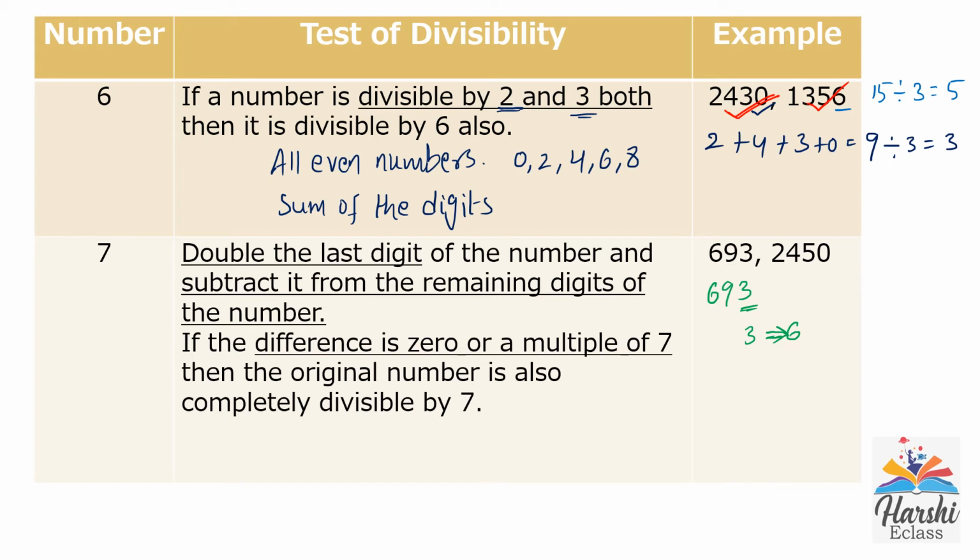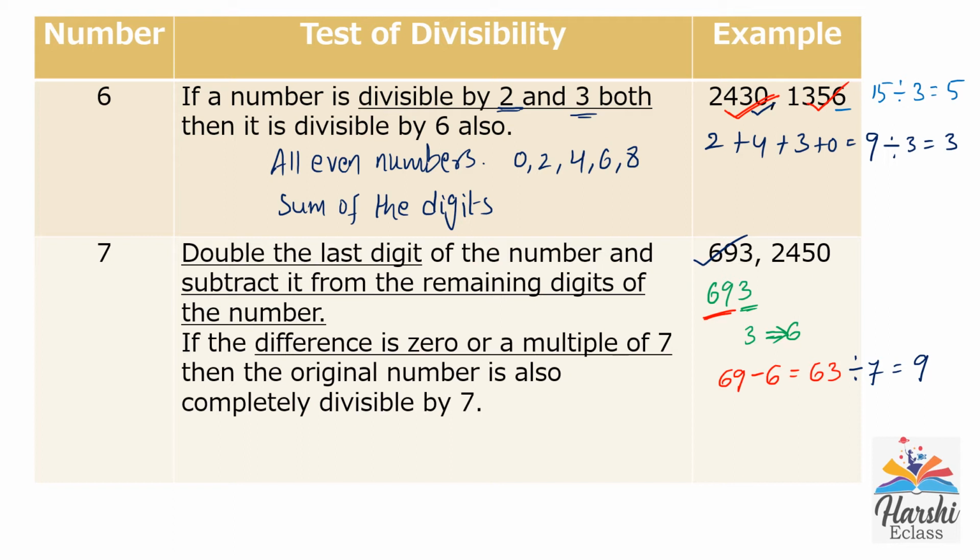Remaining digits in the number are 69. So 69 minus 6 is equal to 63. 63 is a multiple of 7. 63 is completely divisible by 7. 7 nines are 63. That means 693 is also divisible by 7.